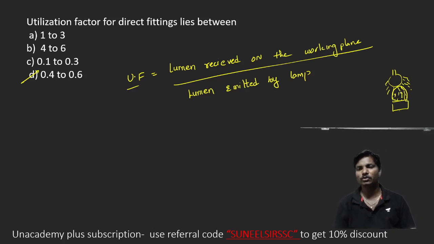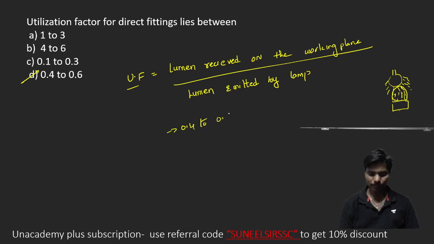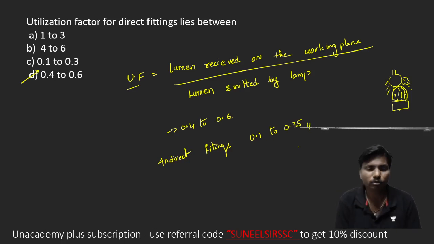Lumens received are always less than those of the lamp, so the utilization factor is less than 1 for direct fittings, with a value of 0.4 to 0.6. For indirect fittings it is less, approximately 0.1 to 0.4 or 0.35. So option C for indirect, option D for direct fitting.